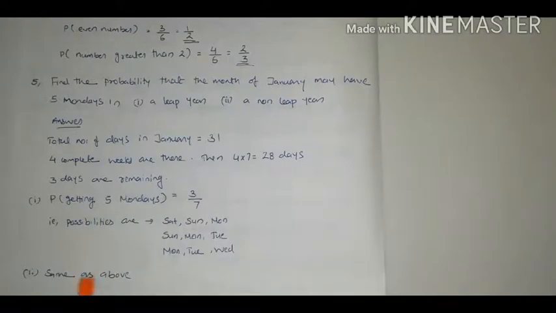And the second part is if it is not a leap year. I already told you it will not make any difference whether it is a leap year or non-leap year when we consider the month of January. But when we consider the month of February, definitely it will make a difference.